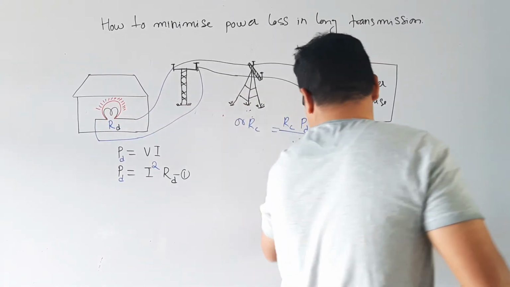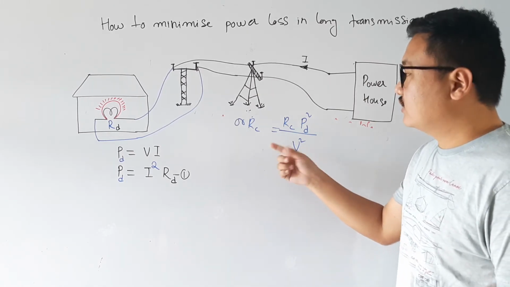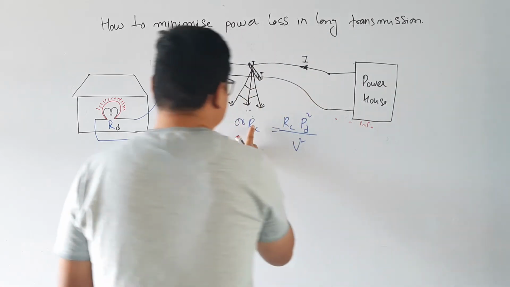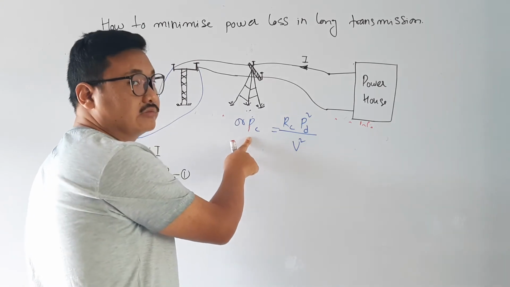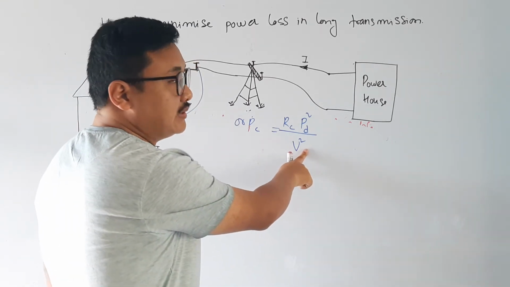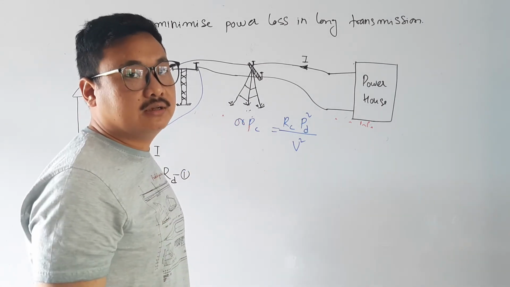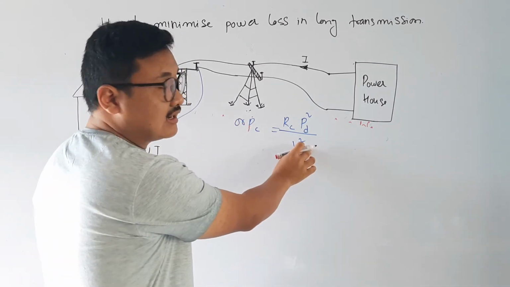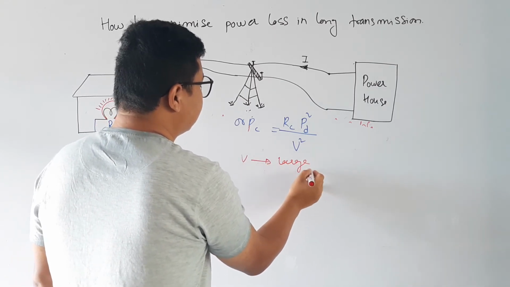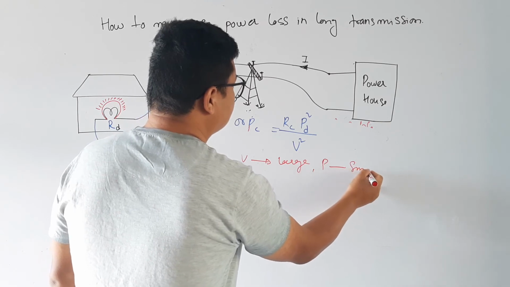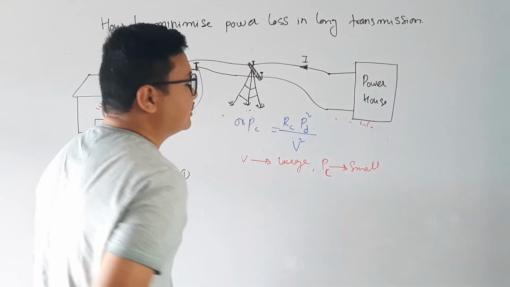Now we are done. Why? Because if the potential is very high, what will happen to the power? This is the power of the cable. Now V square and the power of the cable are inversely proportional. It means that if V is large, then the power of the cable will become very small.